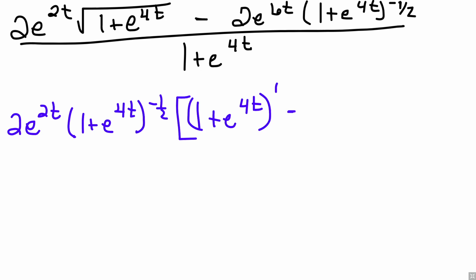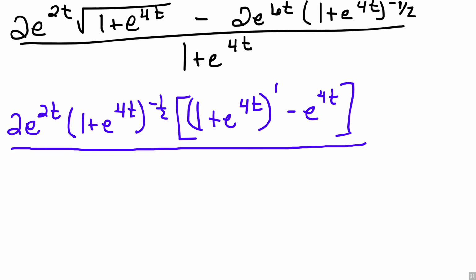Okay, then minus, we took out the 2, we got e to the 2t we're factoring out, we've got e to the 6t, so that leaves me with e to the 4t remaining, and then this whole last term is gone. Okay, and then this is over 1 plus e to the 4t. Right, so what happens now when we look at this, e to the 4t's cancel, which is nice.